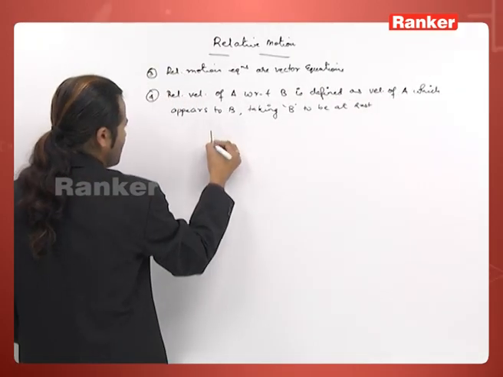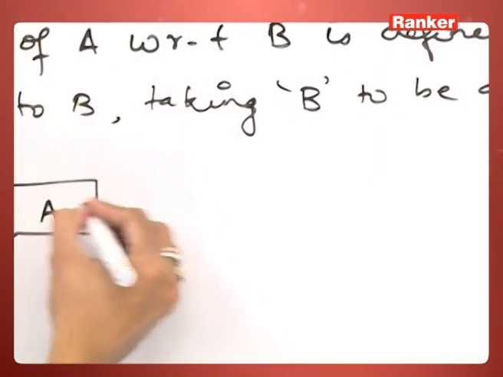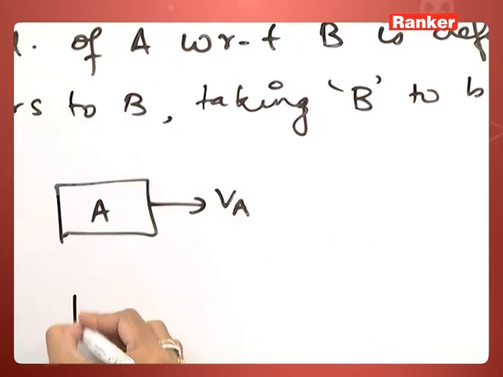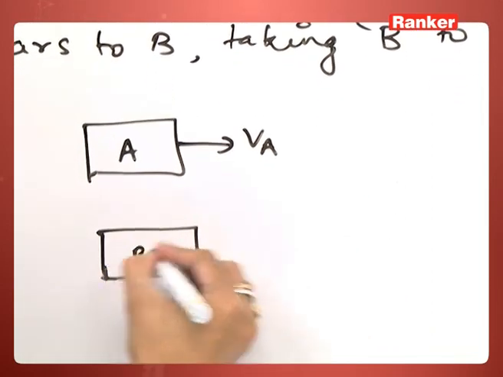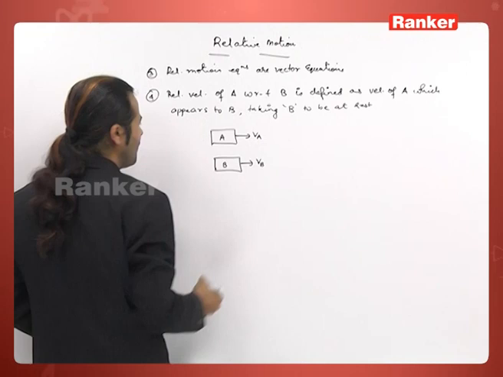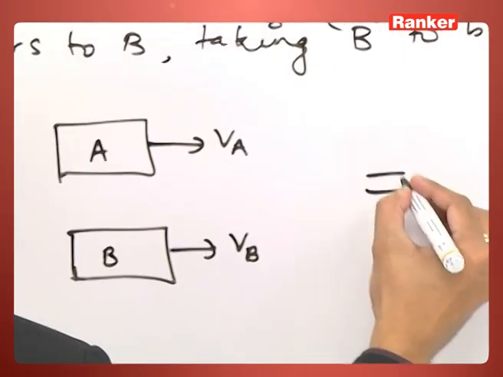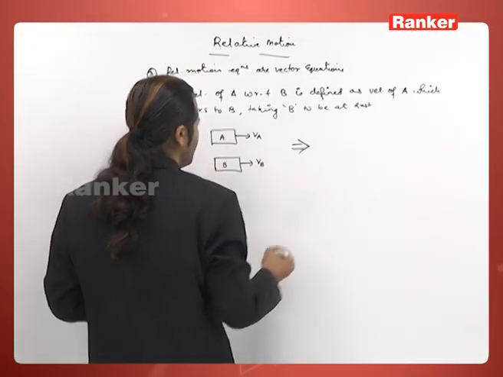Example: suppose this is A with VA, this is B with VB. I need to make B to be at rest.